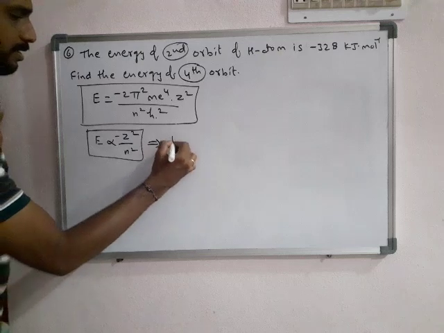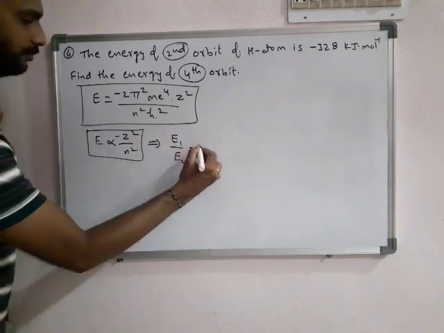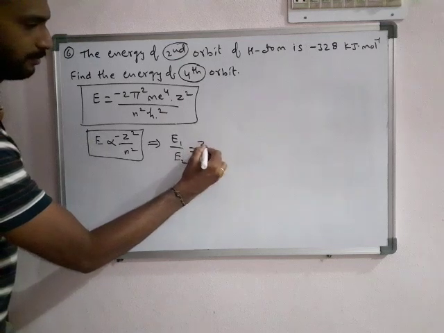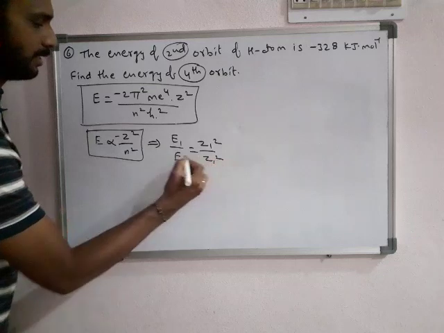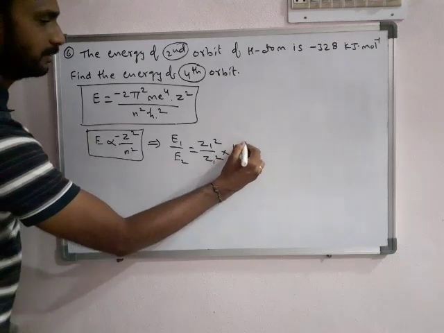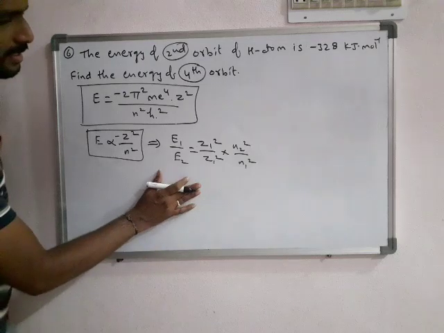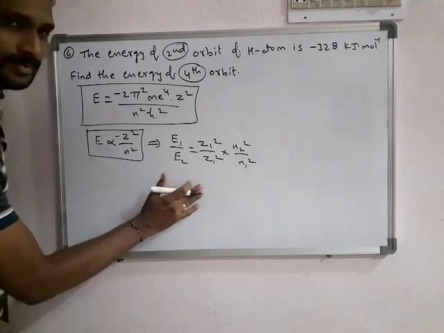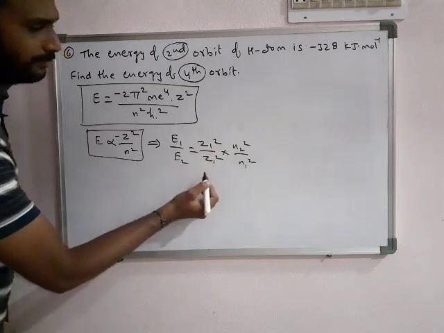From this we can write E1 by E2 is equal to z1 square by z2 square with direct relation, and that is n2 square by n1 square. Here we are discussing the hydrogen atom, and both have the same atomic number 1, 1.